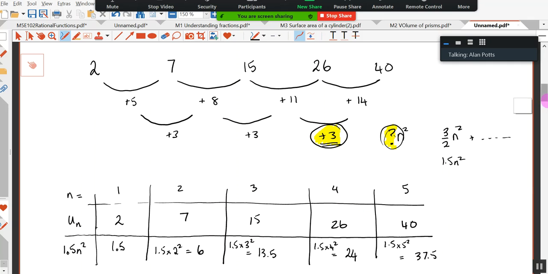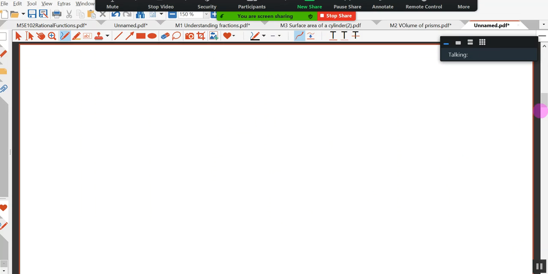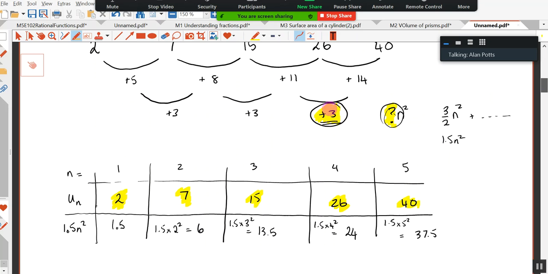Okay. So here's the thing. All right. I'm going to give myself a bit of space. All right. So the thing is, this is where I want to be. These numbers are what I need to describe. These numbers are where I'm currently at with my first decision, and my first decision is based purely on this. All right. So these numbers come purely from that part. But as you know, a quadratic could have another part to it.